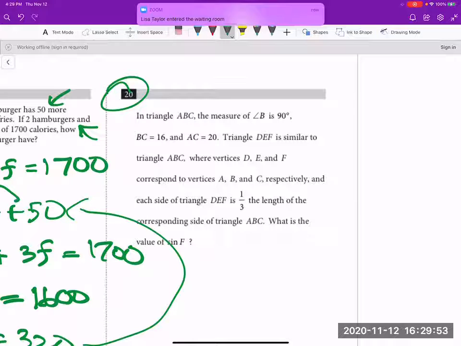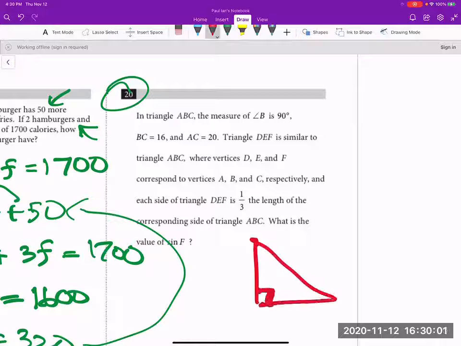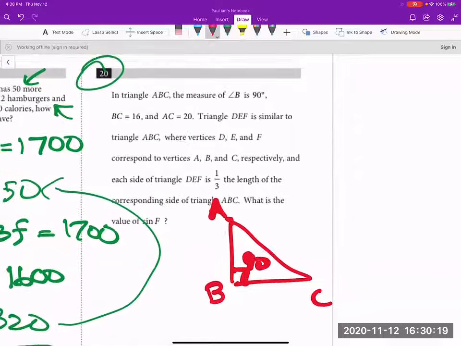The Pythagorean theorem tells you, since B is 90, AC is the hypotenuse, and AC is 20, BC is 16.